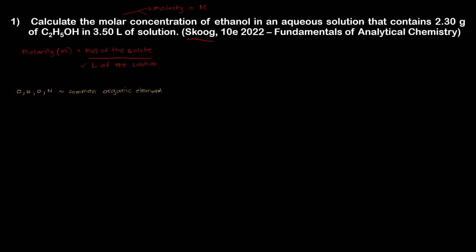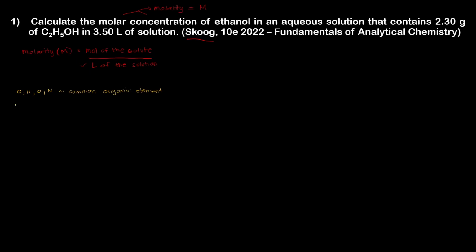I mean, there is also phosphorus and sulfur, but these are the most common ones. Oftentimes, students just memorize the molar mass of these elements, so they don't need to look back and forth into their periodic table, and it's easy.